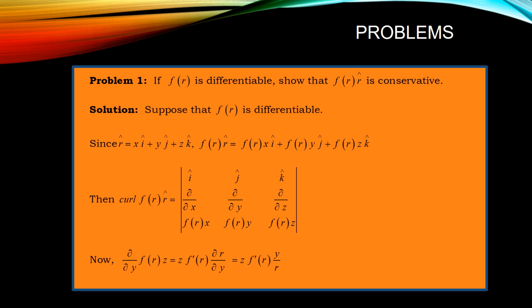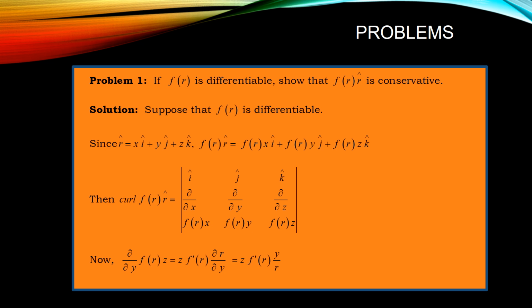Here we have to substitute the component functions f1 equals f(r)x, f2 equals f(r)y, f3 equals f(r)z. Then curl of f(r)r equals i, j, k on the first row, ∂/∂x, ∂/∂y, ∂/∂z on the second row, f(r)x, f(r)y, f(r)z on the third row.